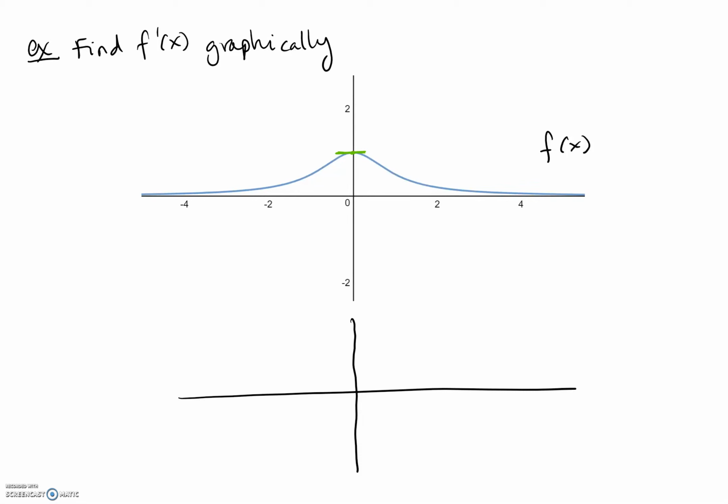So again, it's pretty obvious that at 0, the slope is 0. So at 0, my y value for the derivative would be 0. Notice if I look at the right, it looks like a negative slope, still a negative slope, negative all the way across.